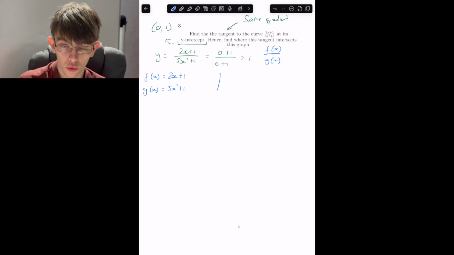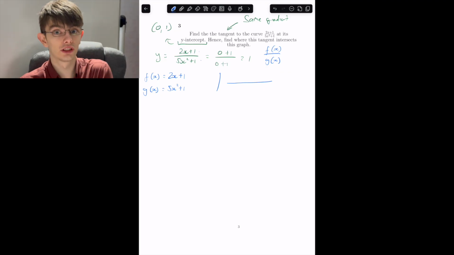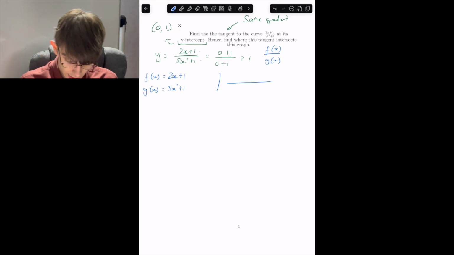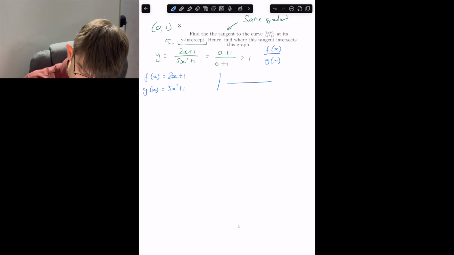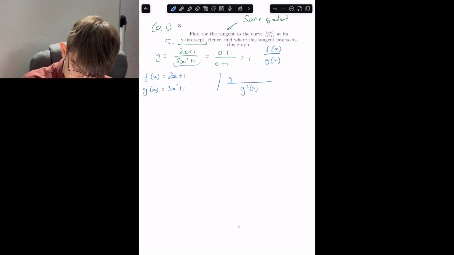Now my quotient rule tells me that this differential, and I'm going to say the thing I say every time so that we can remember it, is g of x is on the bottom here, so it is going to be on the bottom here, but it's squared. And because he's been on the bottom all the time, he gets to go first. So we get g of x times f prime of x minus f of x times g prime of x.